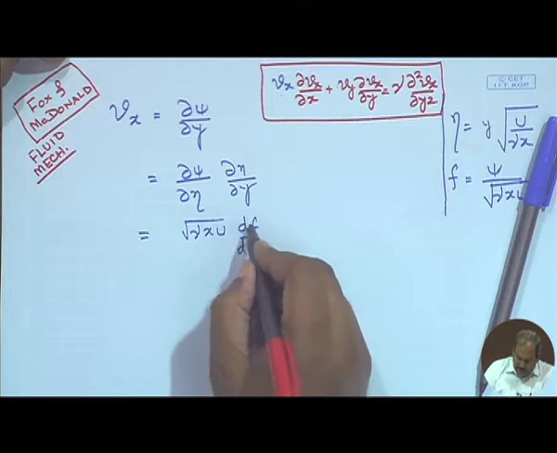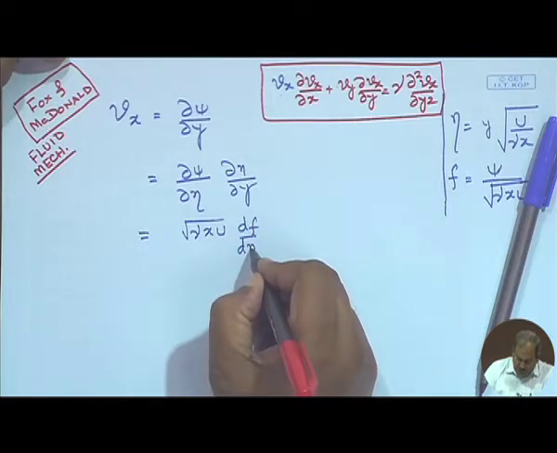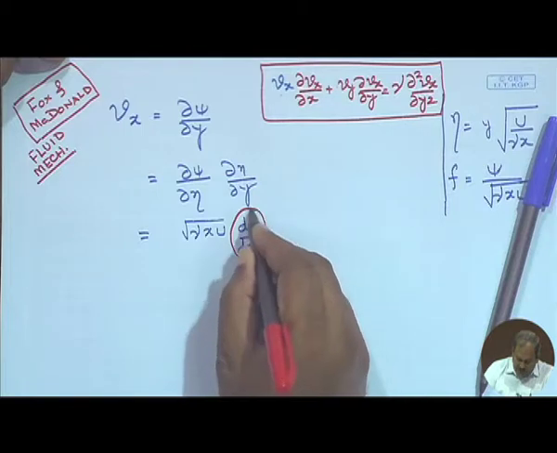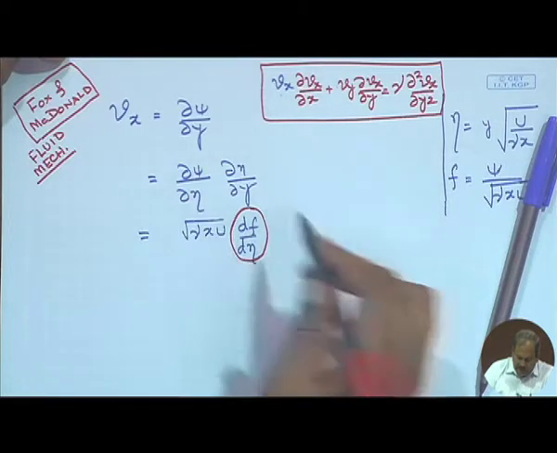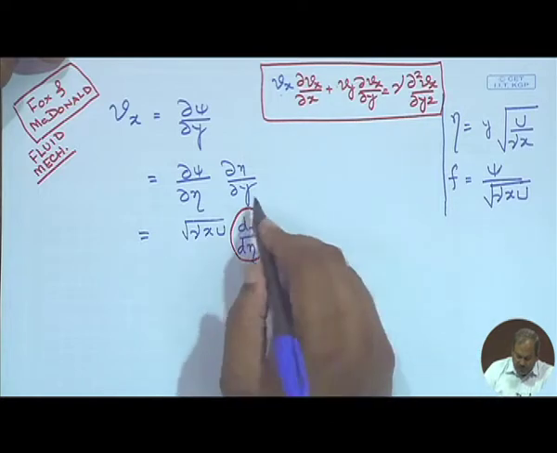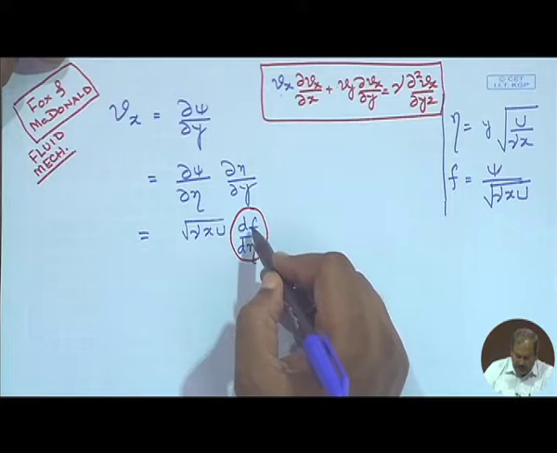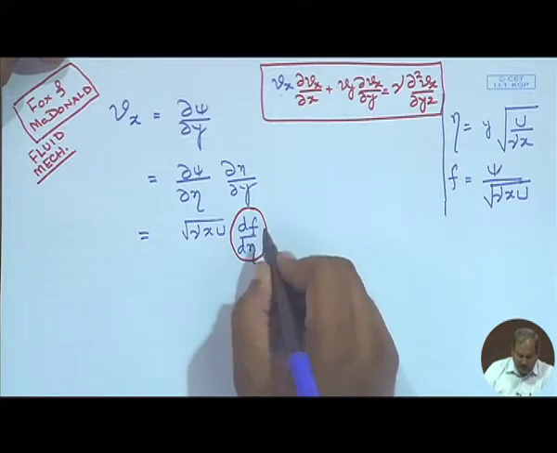See that since f is a function only of eta, the combination variable, I am getting rid of the partial sign and I am simply getting an ordinary differential form in this. So it's df d eta and not del f by del eta.